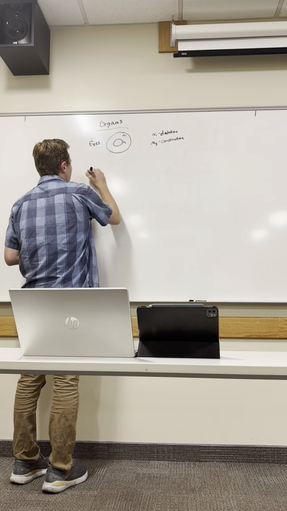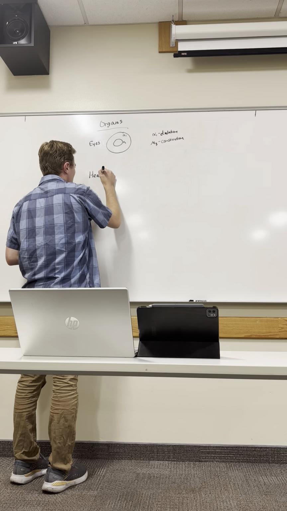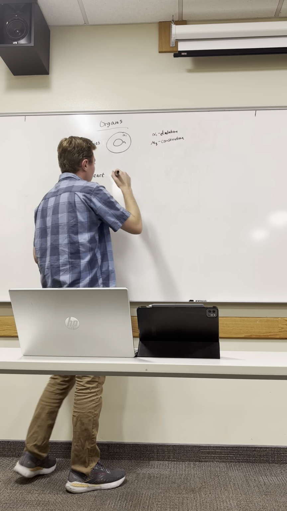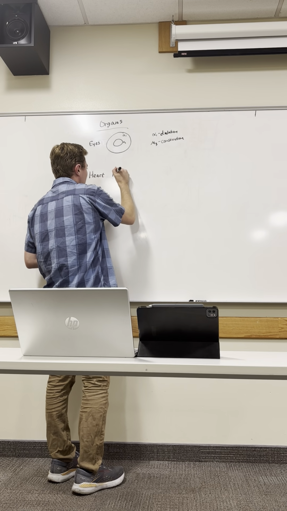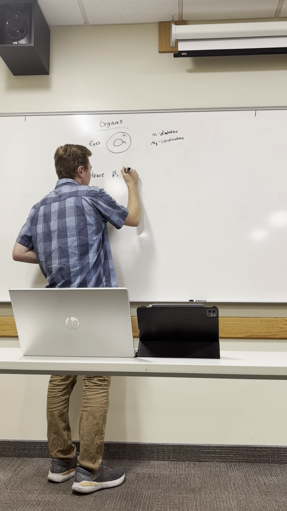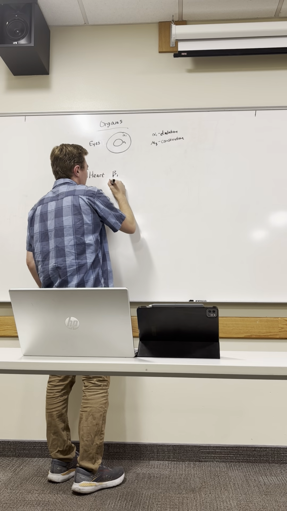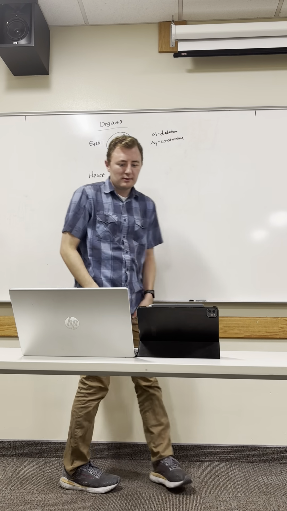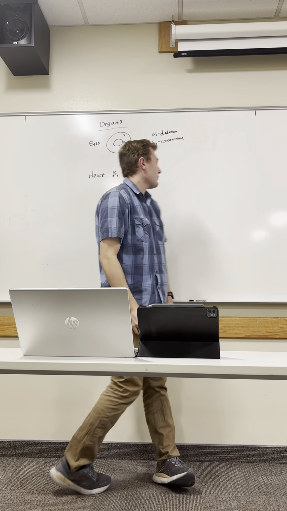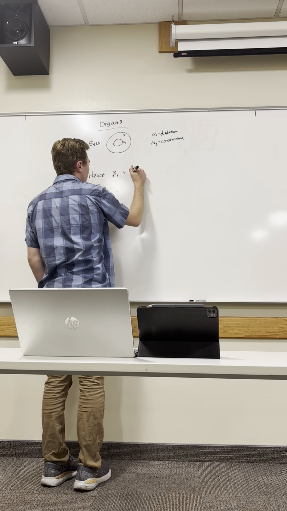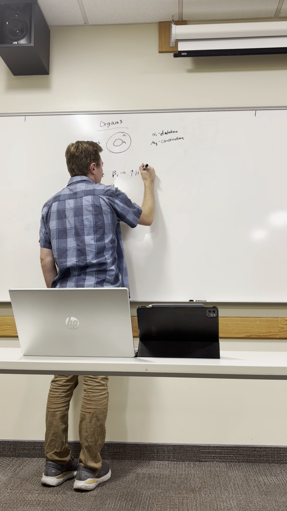In our heart, we're going to have two different types of receptors: beta 1 and M2 receptors. Beta 1 receptor is going to increase our heart rate.